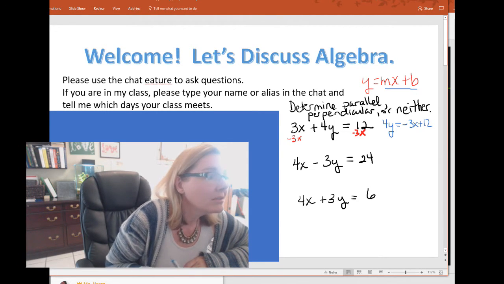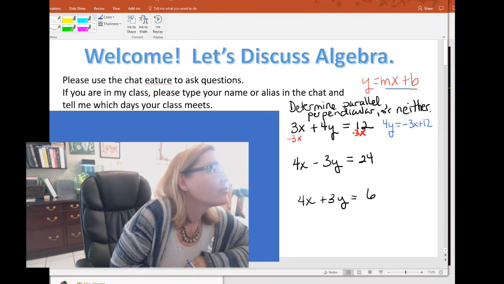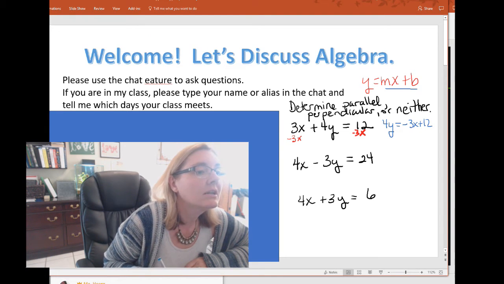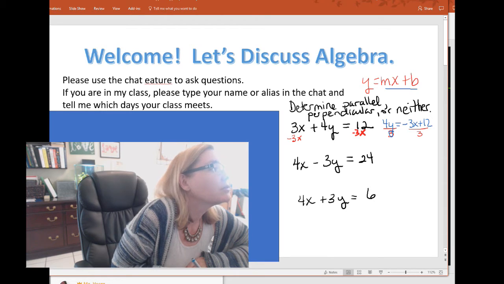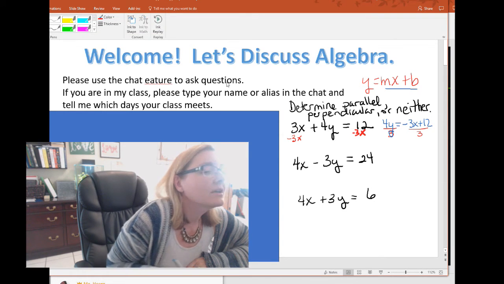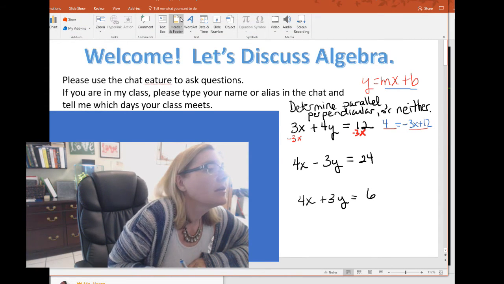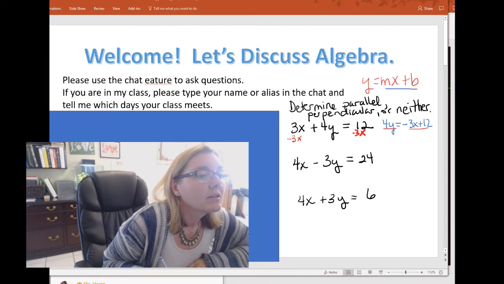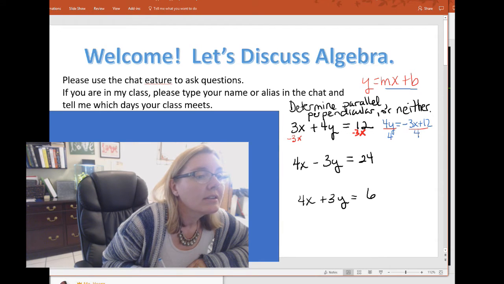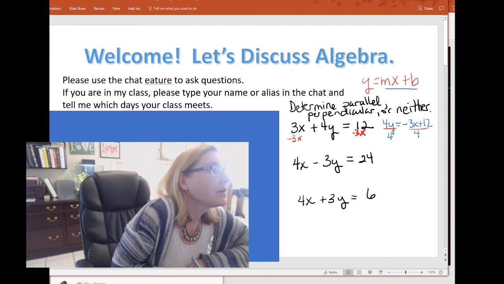Now y is not completely by itself, so we need to fix that. Y is being multiplied by 4, so we're going to reverse that operation and divide both sides by 4. This is also a point in the process where students make some common errors, specifically when they're dividing, they divide just one of the terms by the 4, but in fact both terms need to be divided on the right by the 4.